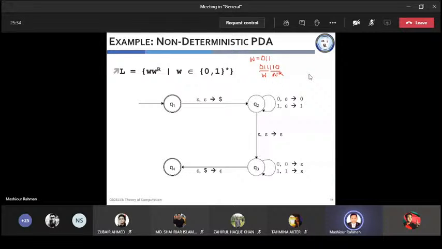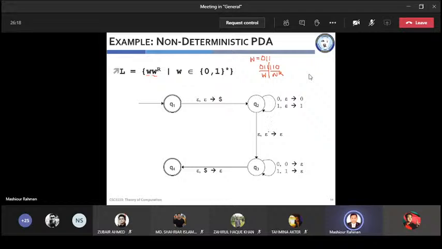Now the problem with such a string is that when we give this as an input to this diagram, the machine does not know where the first one ends and the second one begins. It does not know. And we can read only from left to right. So that's the problem we cannot solve.